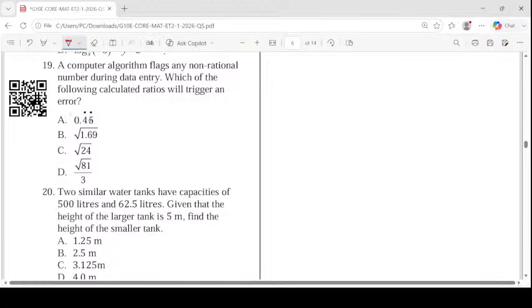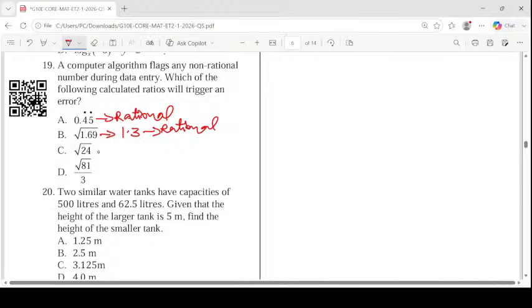Because this is a repeating number, this one here is rational because you can express it as a fraction. This one also is rational because its value will be 1.69, this will be 1.3 as the answer. So this is rational because it's a terminating decimal.